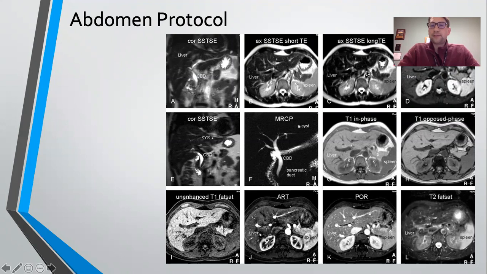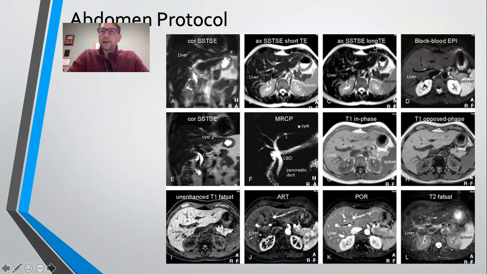Here's axial HASTE T2 with a longer TE, so T2 tissues are going to actually appear higher in signal value. We have a black blood EPI, echoplanar imaging. We don't really do this sequence at Emory. Here's another coronal HASTE. Okay, here's the MRCP.